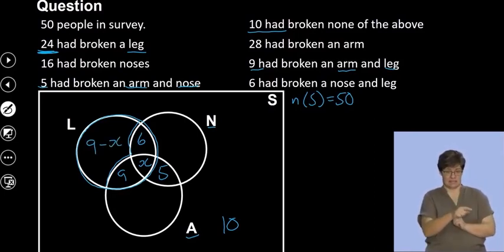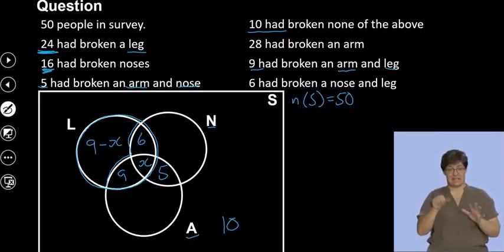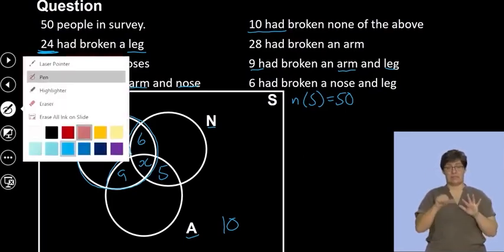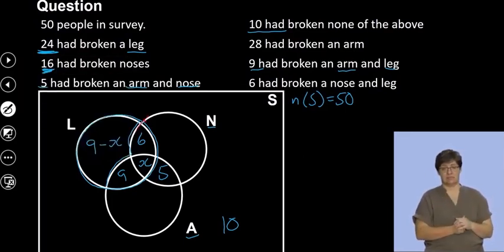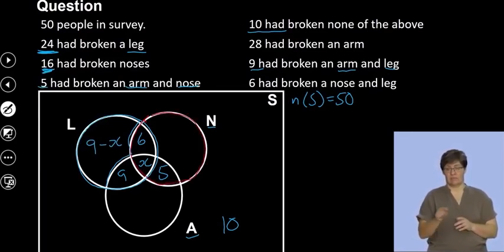And in a similar way, I'm going to be able to recognize what's happened for those that have broken a nose. We recognize that there were 16 in total. So all of these numbers add up to 16. Let me change the color of my pen so we can get it very clear. So there's the people that have broken their nose. The number in that sample is 16.